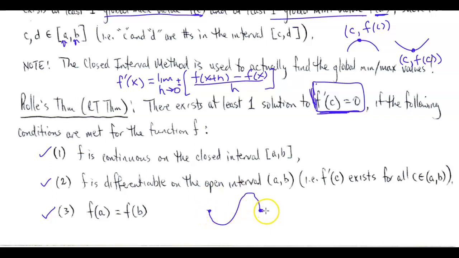Where since f of a and f of b are equal, notice that the slope of the secant line that's going through those 2 points here is 0. And if I was to pick this point and draw the tangent lines for it, the slopes of those tangent lines would also be 0, okay?